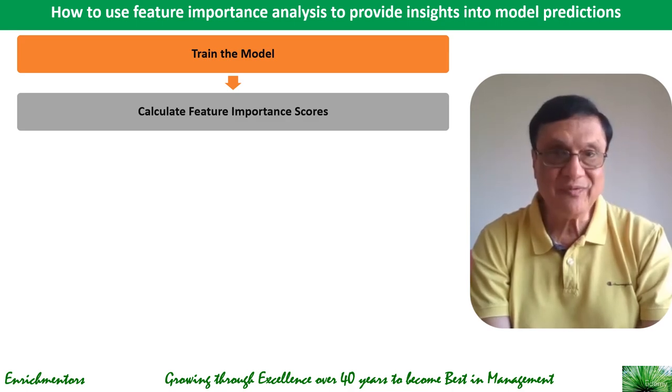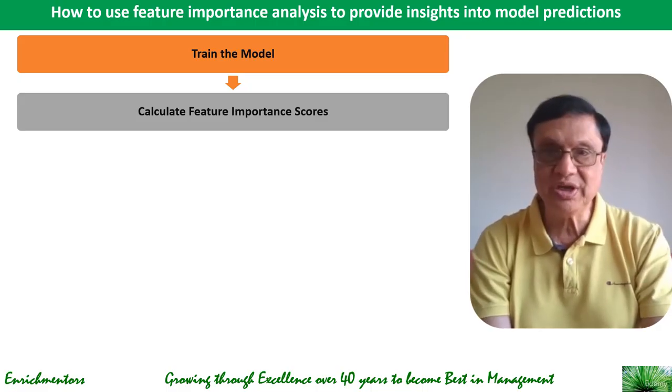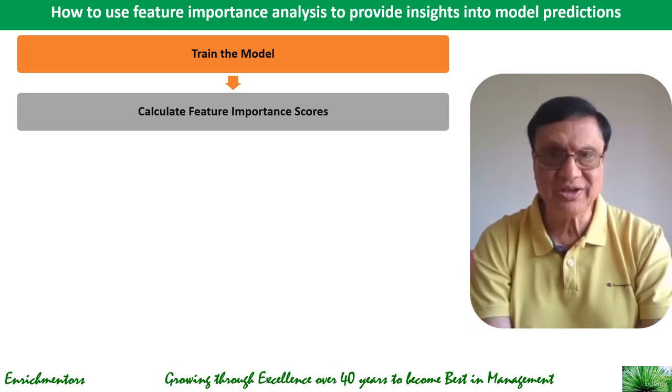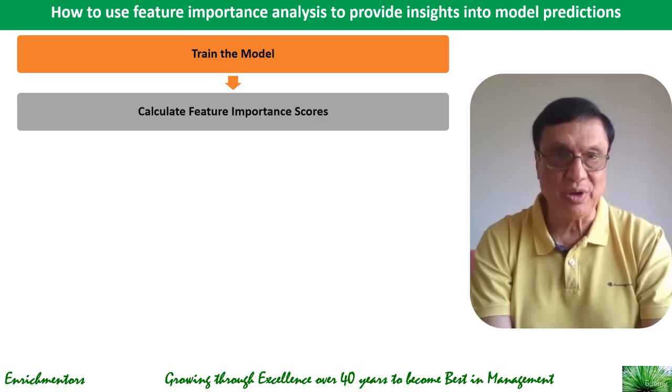In random forest models, the feature importance can be computed by averaging the decrease in impurity over all trees in the forest, right? And feature importance can be calculated in gradient boosting machines by the total decrease in the loss, a mean squared error, attributed to each feature across all trees. And in linear models, the coefficient of the feature can directly indicate the importance.